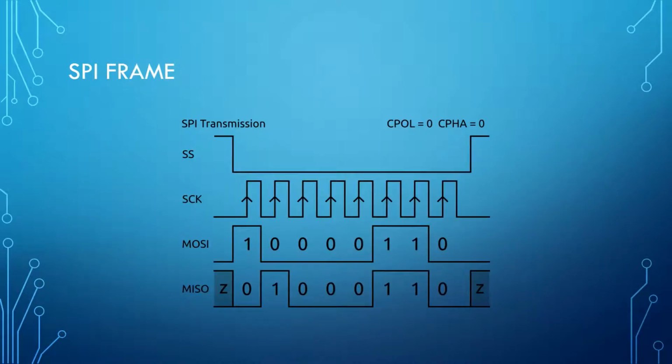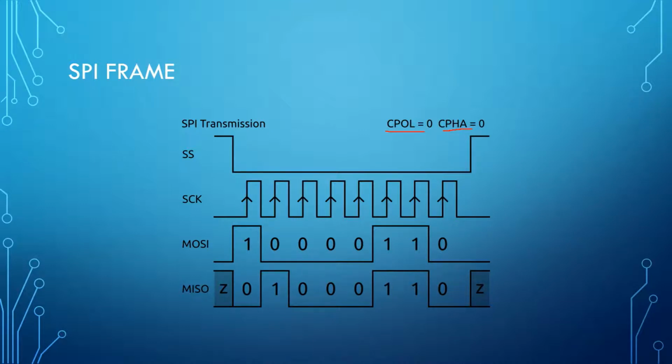Here we can see the frame structure of SPI. First is CPOL, meaning clock polarity, and CPHA means clock phase.